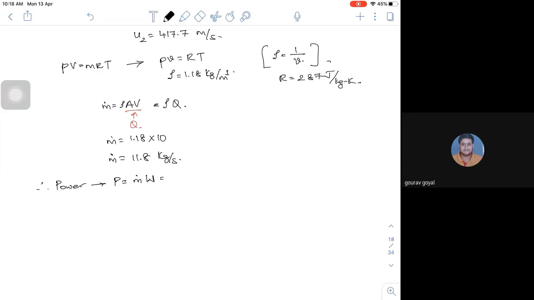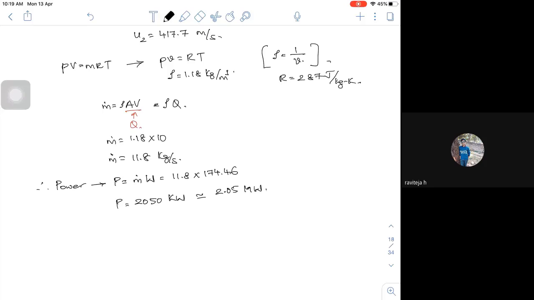So 11.8 multiplied by 174.46, I directly get the corresponding value of power, which is about 2050 kilowatts, or I can write it as 2.05 megawatts, dividing by one more thousand.